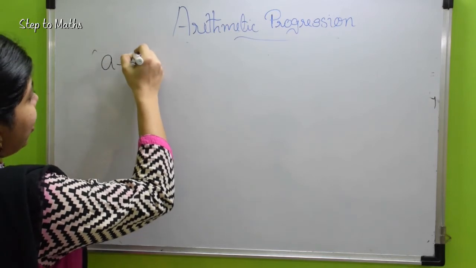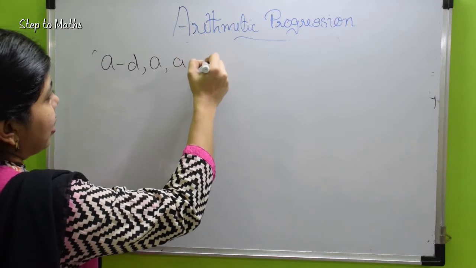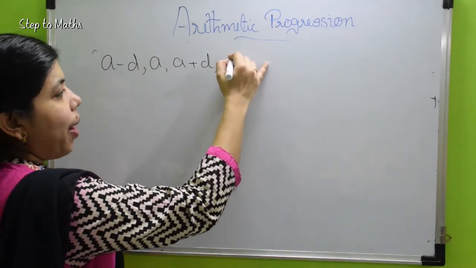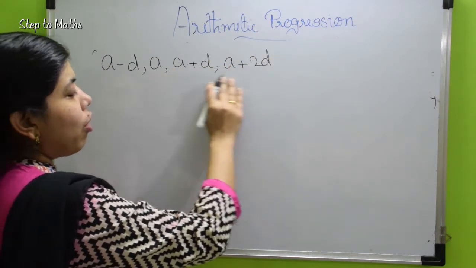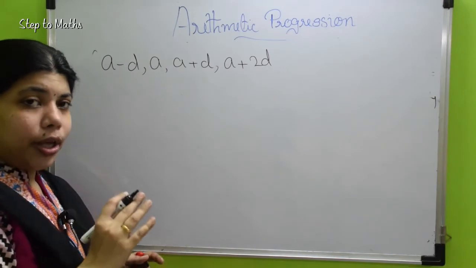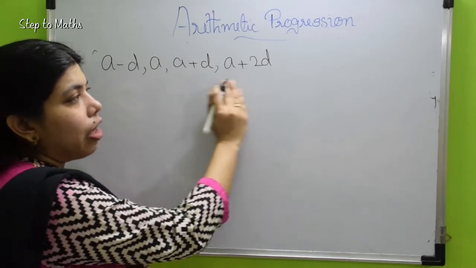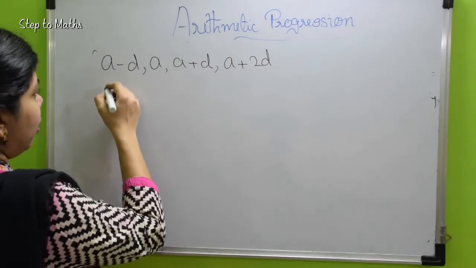A minus D, A, A plus D are 3 consecutive terms, and the fourth term is A plus 2D. The 4 consecutive terms of an AP whose first term is A and common difference D, we can generally represent like this. And their sum is given.